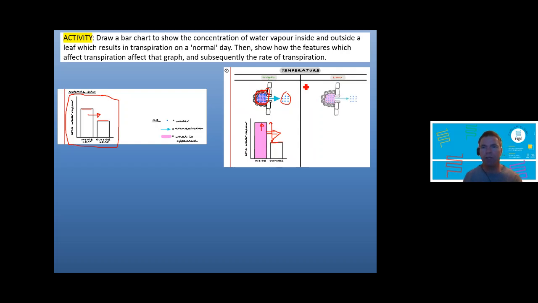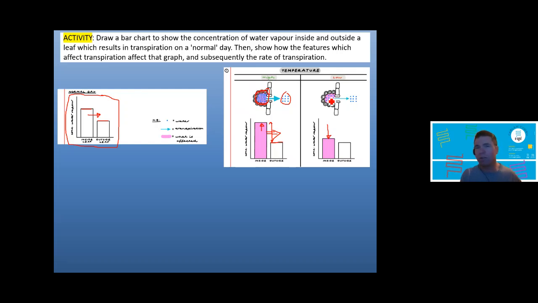Now, if we contrast that with a low temperature, how would that graph look? Well, you can see what's happened here is that there's a big drop in the concentration of water vapor inside the leaf, because there's much less evaporation going on because the temperature is lower. Temperature affects evaporation more than anything else.